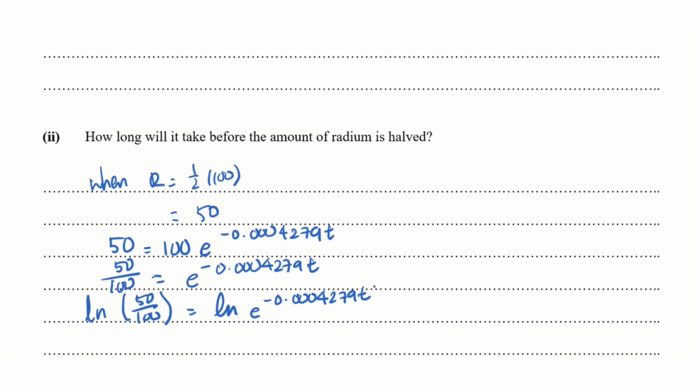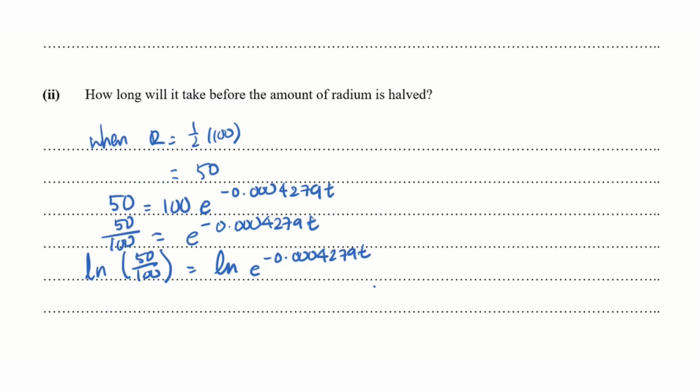When we apply logarithm, in this case I chose the natural log. The reason is because the base that we're seeing over here is an exponential value, so it will be more natural to choose the natural log. You can of course choose the common log, there's nothing wrong with that.